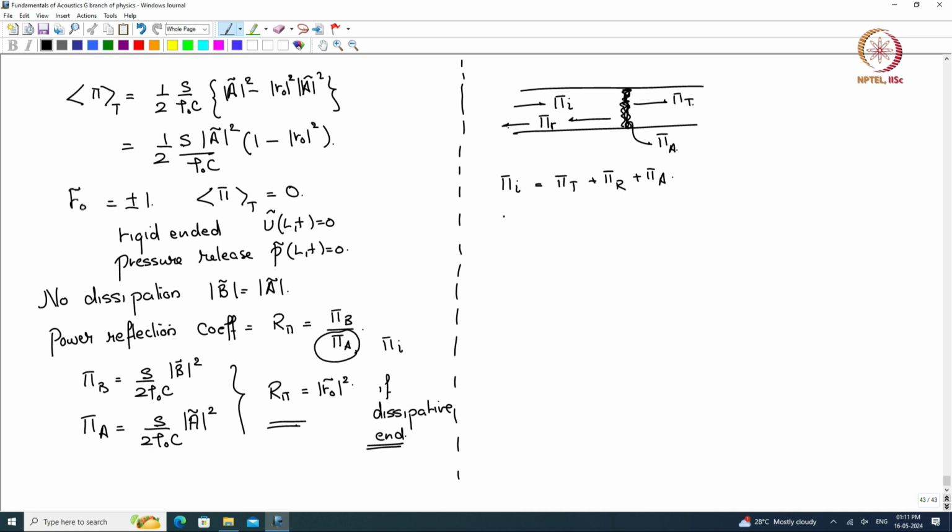Or dividing by incident power, we have 1 is equal to transmitted power coefficient plus reflected power coefficient plus absorption power coefficient, and if there is no absorption, then we have 1 is equal to transmitted power coefficient plus reflected power coefficient.